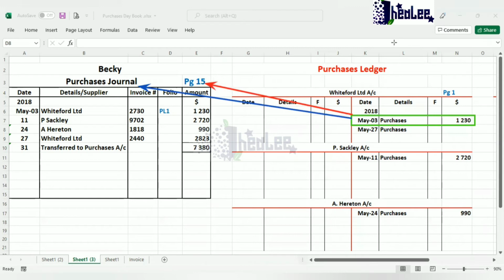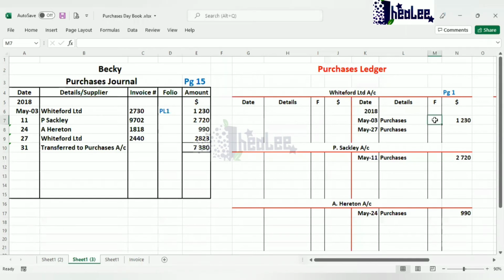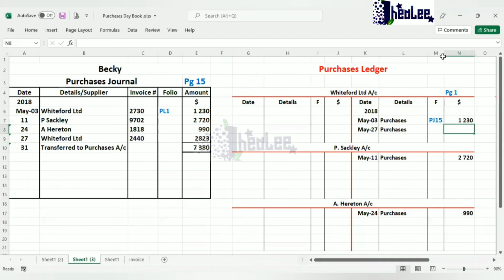So in our purchases ledger, for Whiteford Limited's account, the folio should be PJ15, indicating that if we go to page 15 of the purchases journal, we will find the information relating to this entry that we have posted to the purchases ledger.